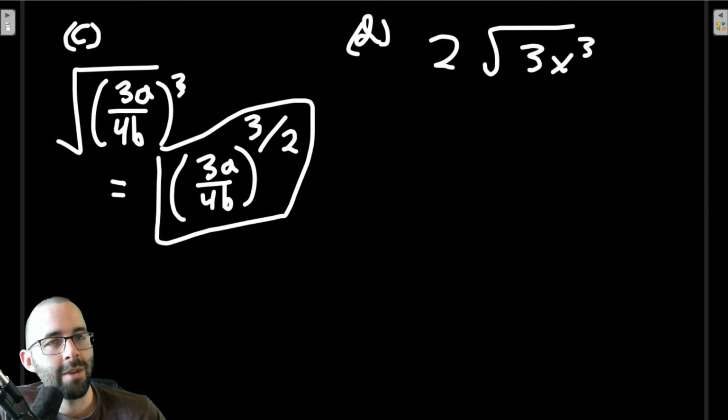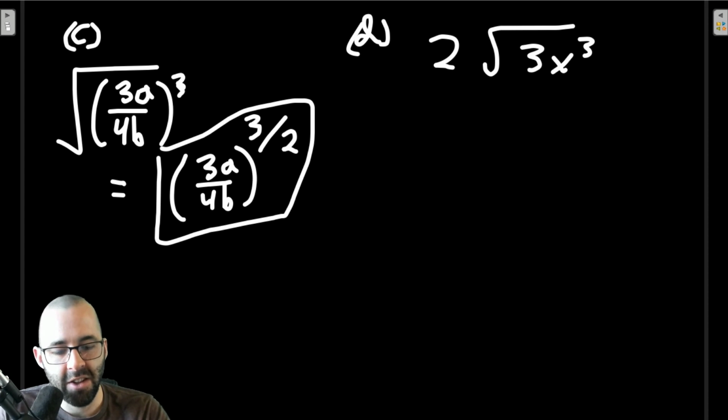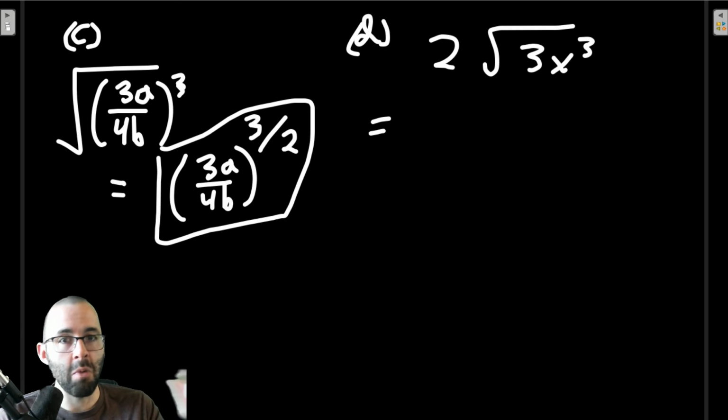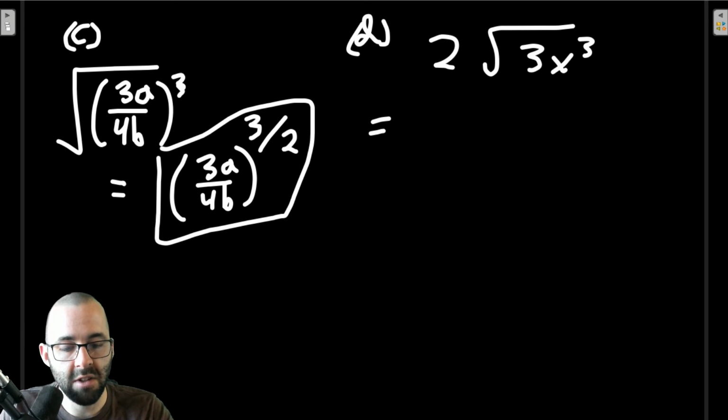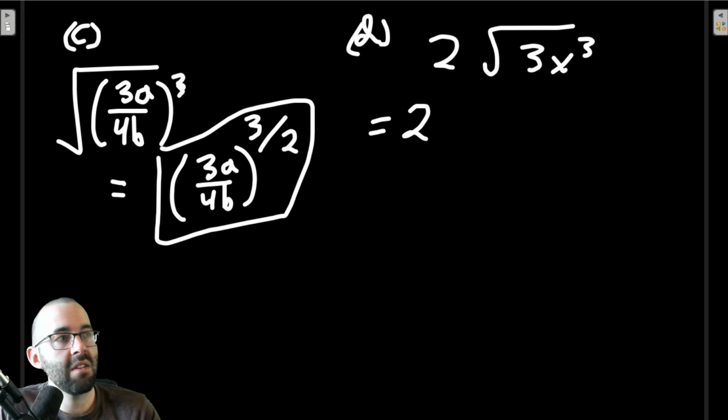D is not straightforward. D is a trick question. This is the rare occasion where I give you something worse than the actual homework problems. Usually the homework problems are significantly worse than what we have time to talk about in class. So the 2, there's nothing going on with the 2. There's no exponent, there's no radical. The 2 is just a 2. So don't do anything fancy with that 2.